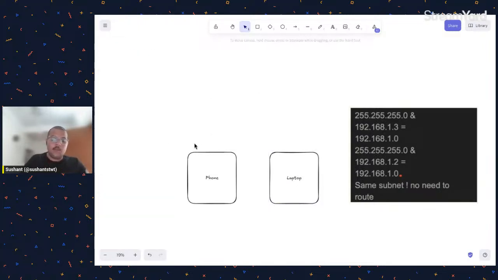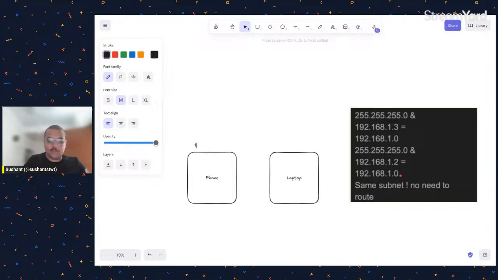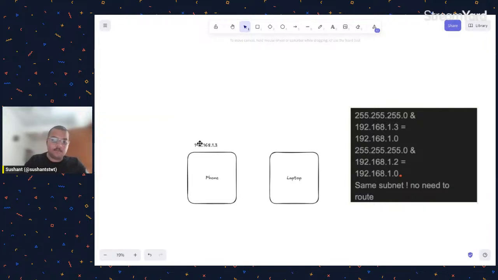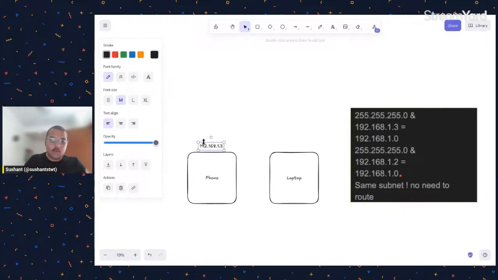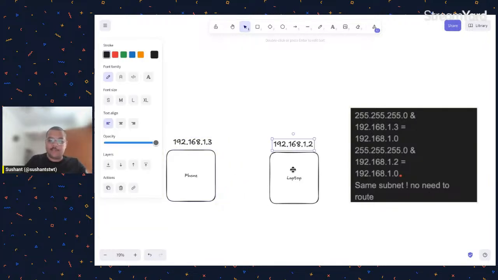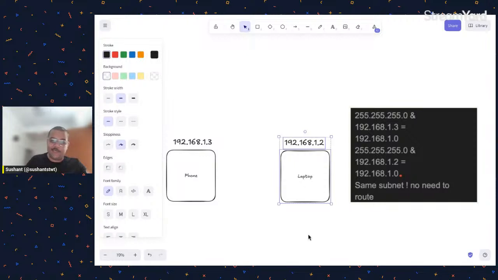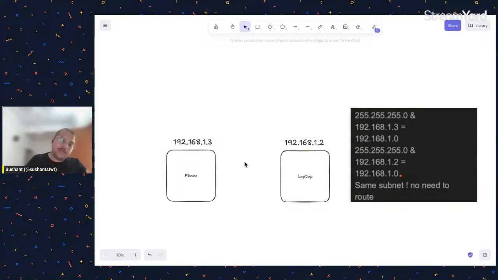Let's say your phone has an IP address of 192.168.1.3 and your laptop has an IP address of 192.168.1.2. These are both private IP addresses. So this is your phone's IP address and this is your laptop's IP address.